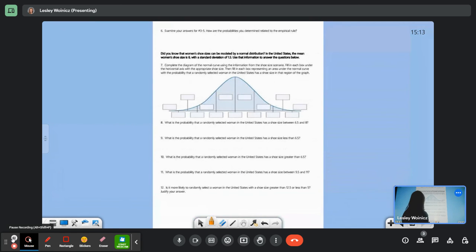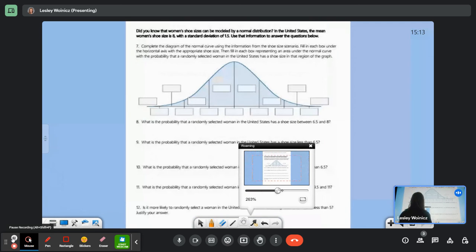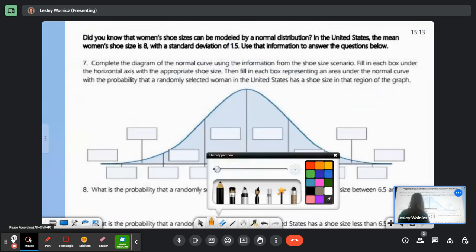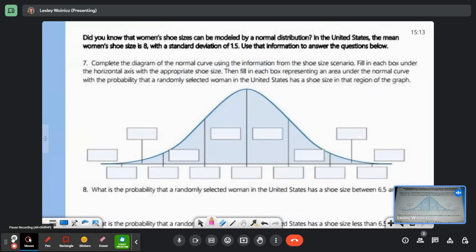All right, guys, this is the same deal. Did you know that women's shoe sizes can be modeled by a normal distribution? In the US, the mean women's shoe size is 8. So this is size 8. And we have a standard deviation of 1.5.